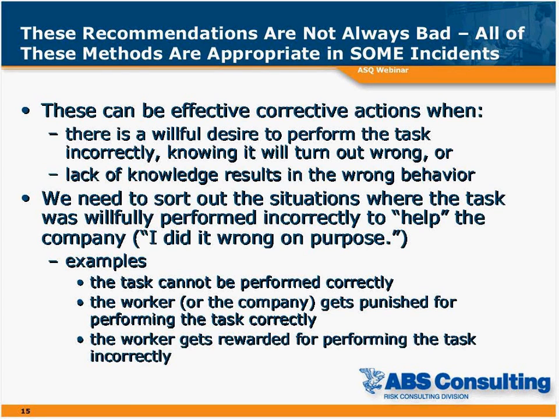It takes way too much time to do it correctly, and my supervisor doesn't like that. The worker gets rewarded for performing the task incorrectly. If I do it incorrectly, things go faster. We're more productive. We make more money. We make more product. So, guys, the way to do it is to take a shortcut.